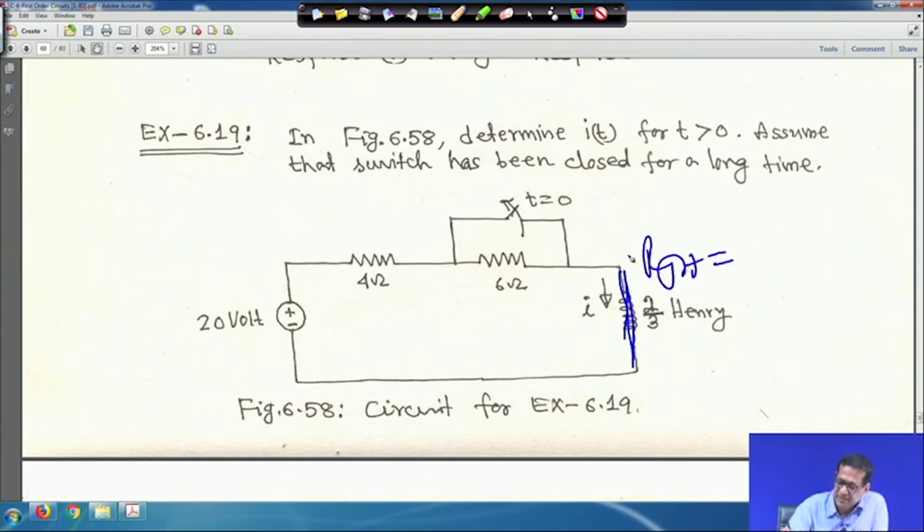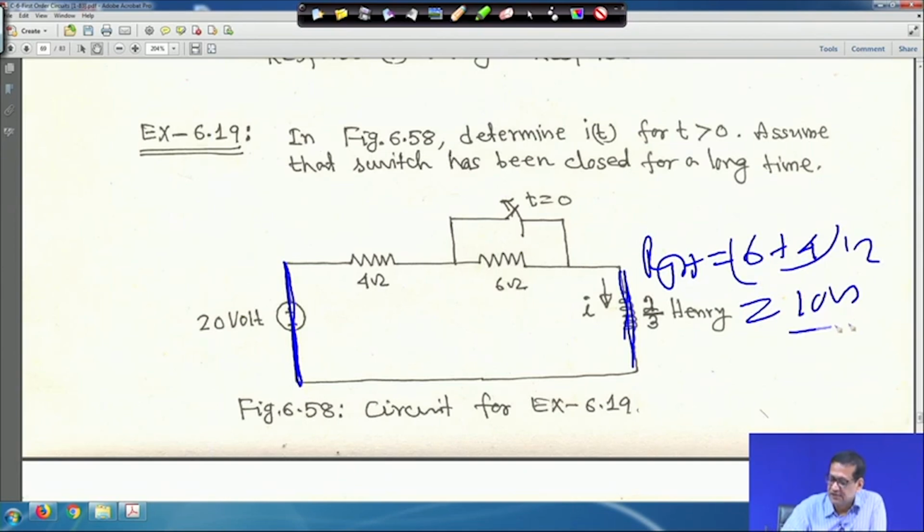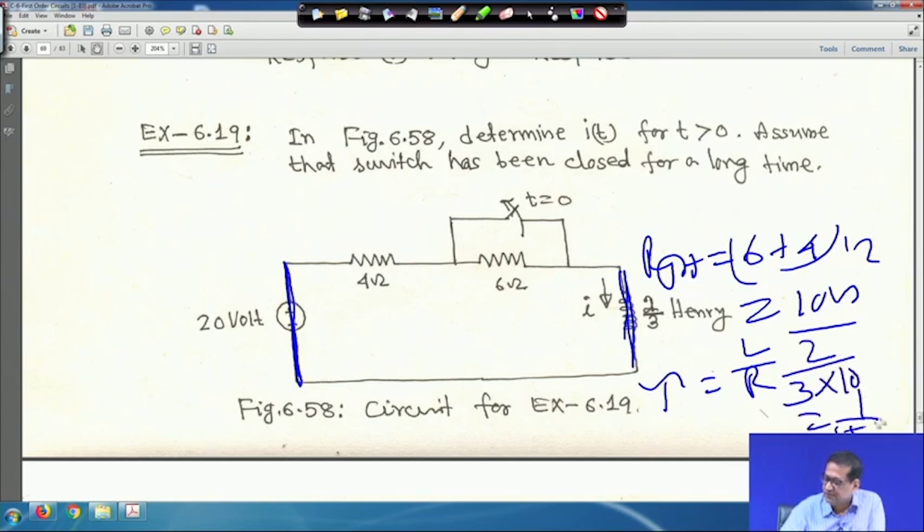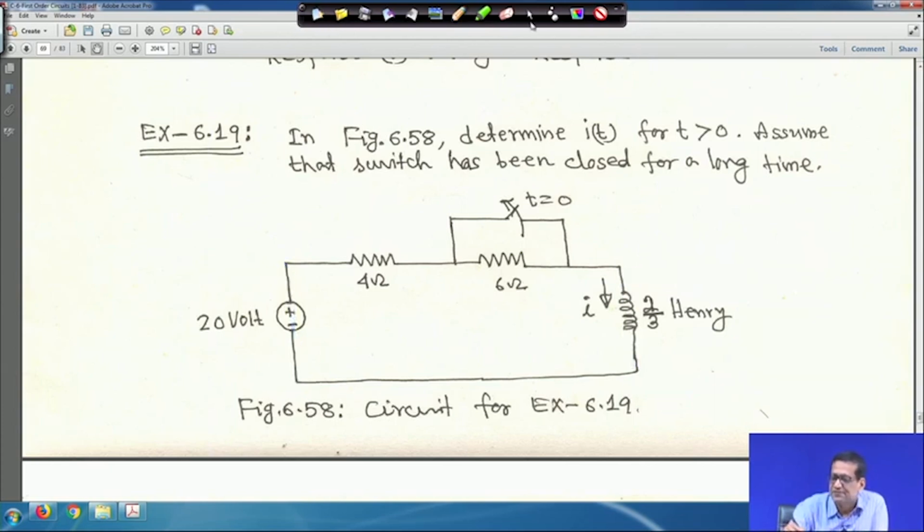R Thevenin is simply, you just short this voltage source. So, it will be 6 plus 4, that is 10 ohm. So, R Thevenin is equal to 10 ohm, and tau, the time constant, will be L upon R, right. So, it will be 2 by 3 into 10, so 1 by 15 second, that is your tau. So, let me clear it.